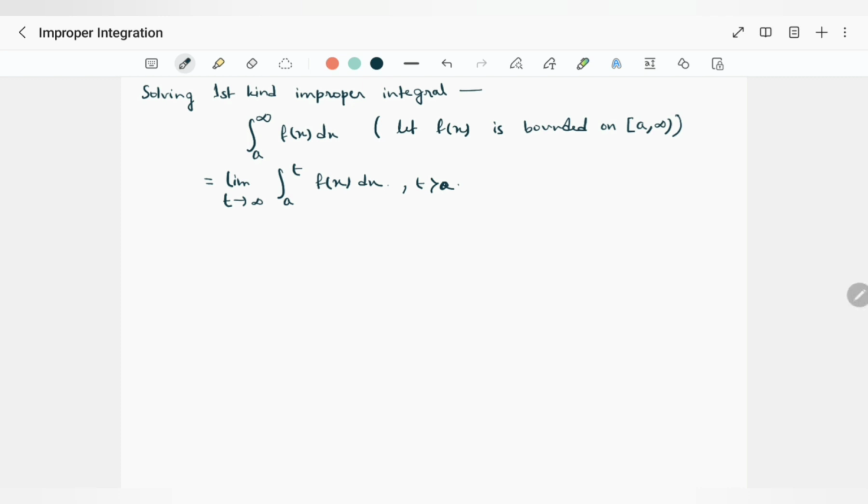So integration a to infinity f(x) dx is convergent if limit t tends to infinity integration a to t f(x) dx is finite, or we can write finitely exists.